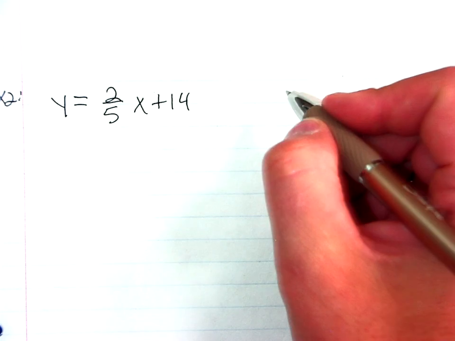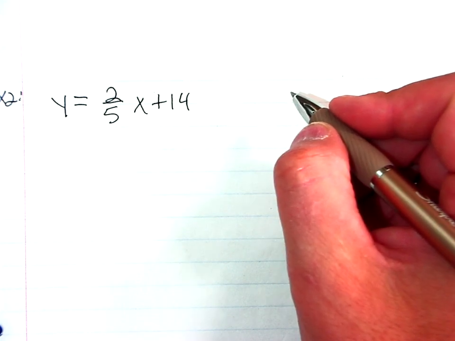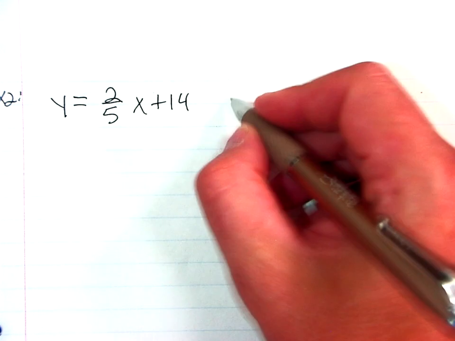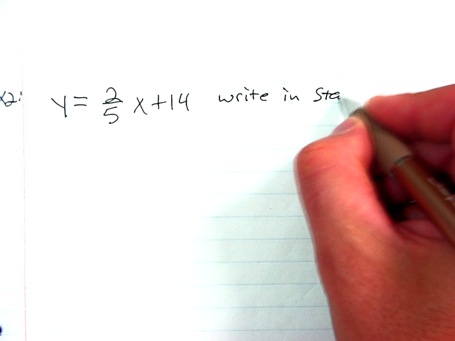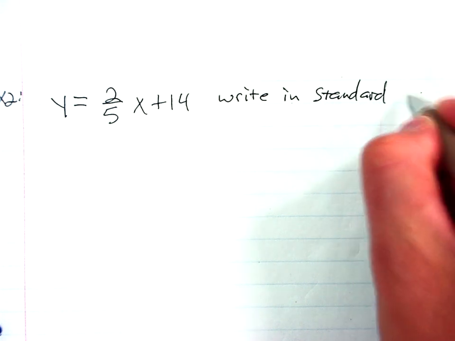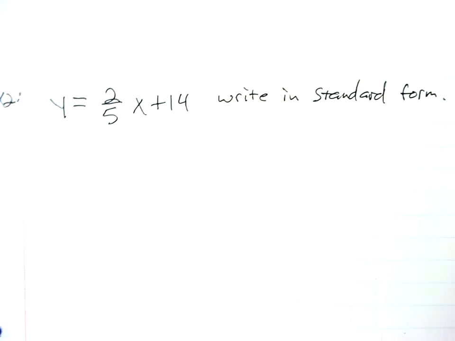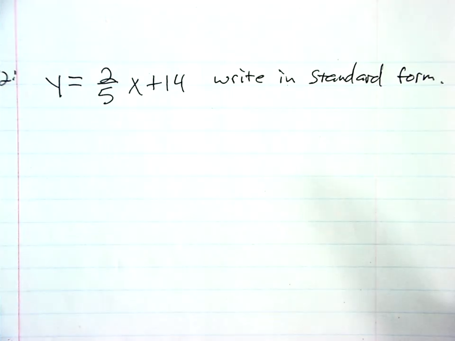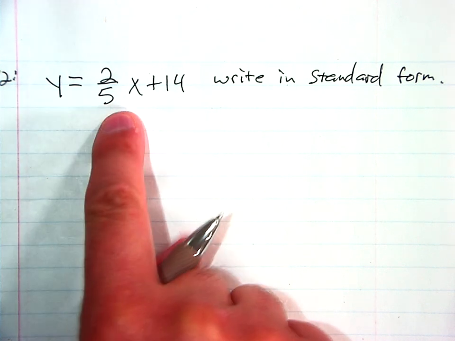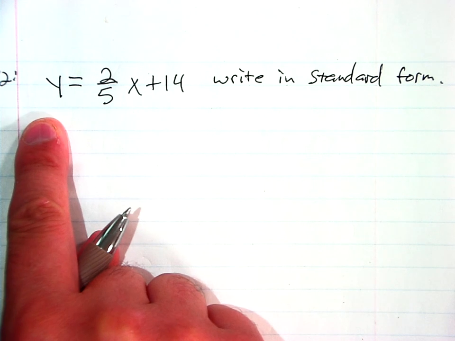So obviously that is in slope-intercept form, and it wants us to write it in standard form. So remember, standard form means our x and y need to be on one side of the equal sign, and it needs to be positive. So how do I move this 2/5 x to the other side of my equal sign?